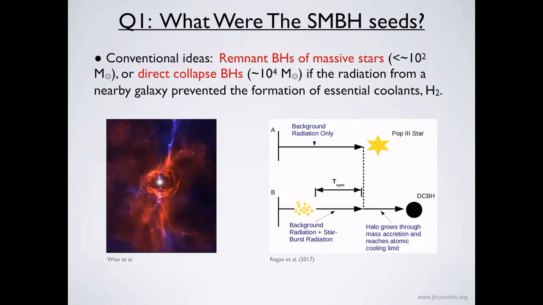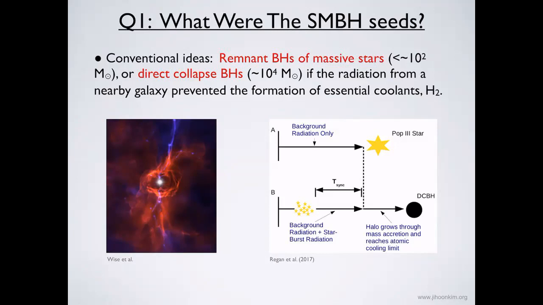So for example, the second scenario that they are talking about is the direct gas collapse of a black hole. The scenario says that there exists, let's say, a 10 to the 5 or 10 to the 6 solar mass primordial gas clump in the early universe. For some reason, it never fragmented to form stars because of, for example, the background radiation coming from the nearby young stars.